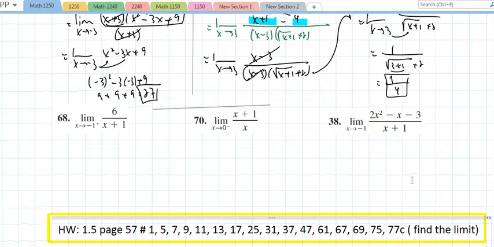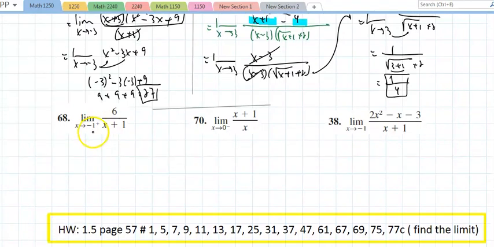Now, do we know what this says? This says, find the limit as x approaches negative 1 from the right. So, negative 1 from the right. Wouldn't you say like a negative 0.99 and negative 0.999?